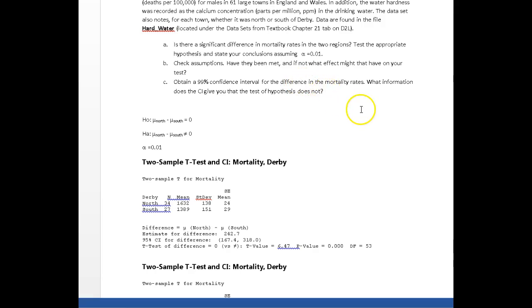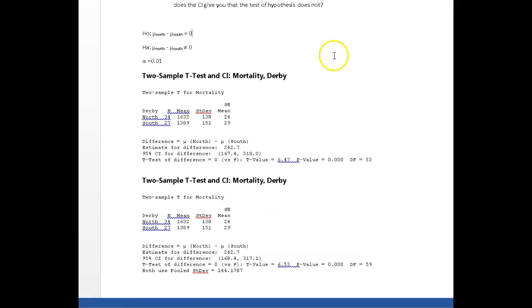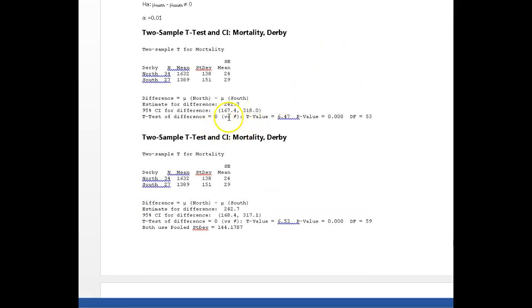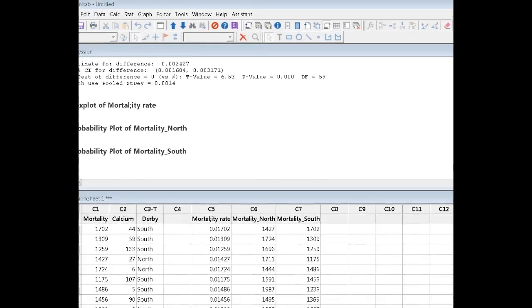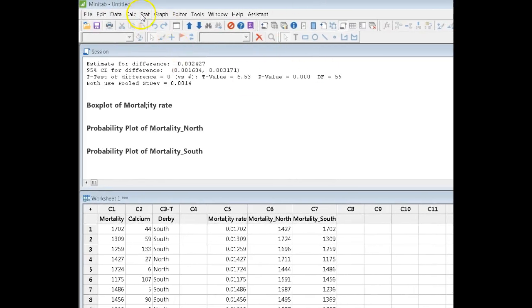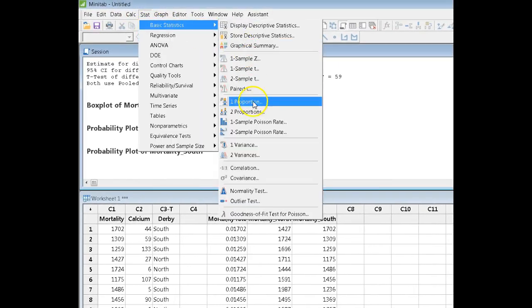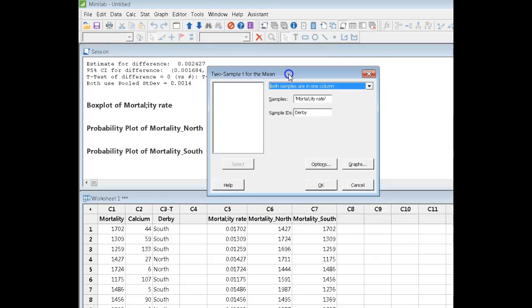Now, the last thing is we were asked to get a 99% confidence interval for the difference in mortality rates. What information does it give you that the test of hypothesis does not? Well, I got an interval there, but it's not at 99%, so now I've got to go back into Minitab. Let's hold the phone. Stat, basic statistics, 2-sample t, and I'm doing, yeah, I checked mortality rate.